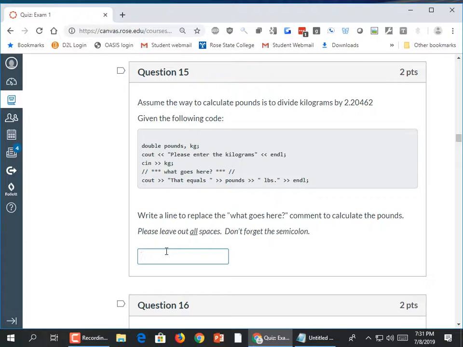Pounds, lbs equals kilogram. Oh, I actually used the whole word, but I wouldn't have counted you off if you used the wrong variable, probably. Pounds is equal to kg divided by that value, 2.20462.